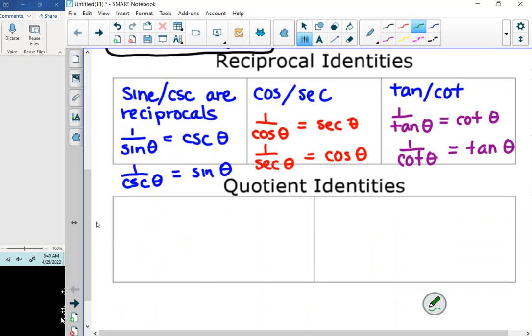into the quotient identities. These are two that I've talked about, or one that I've talked about, but I don't know that we've used it a lot. If you remember that tangent of an angle we talked about being equal to y over x.